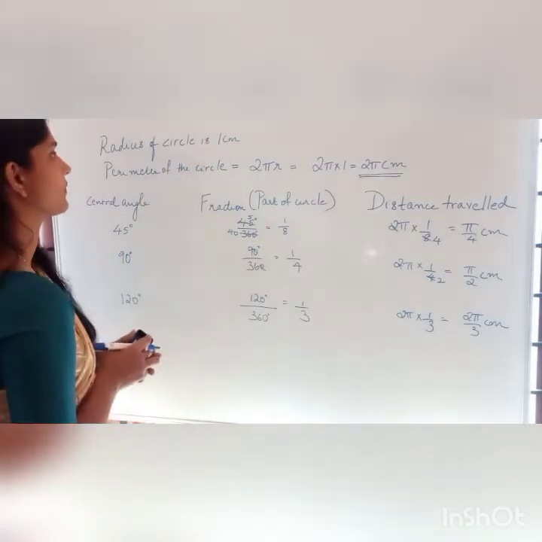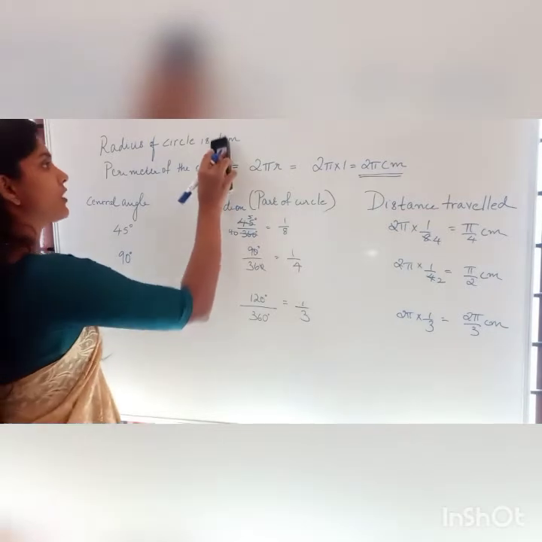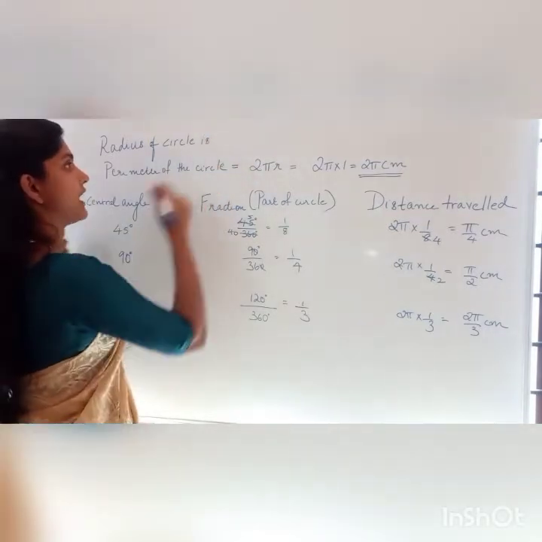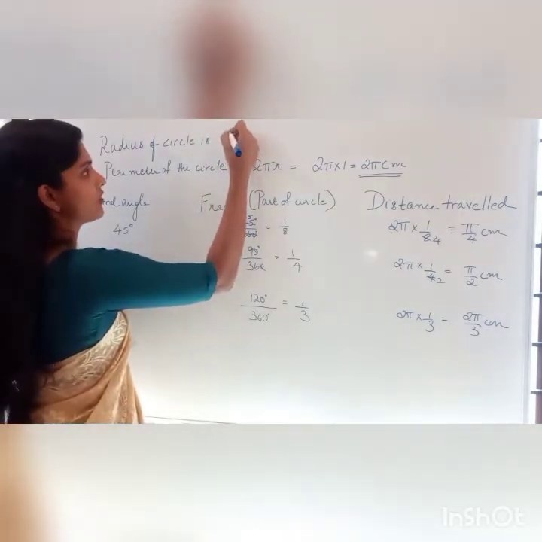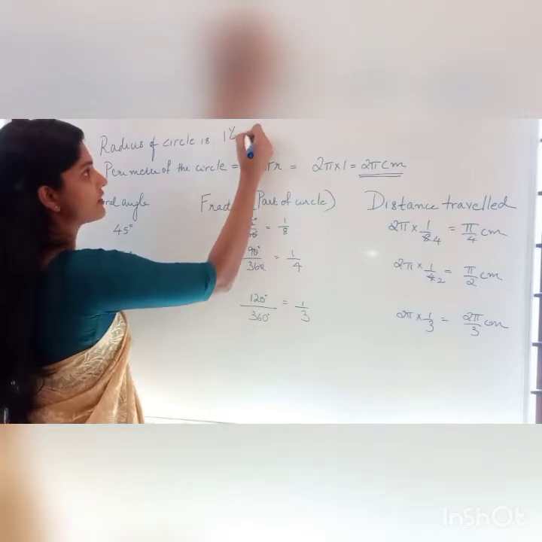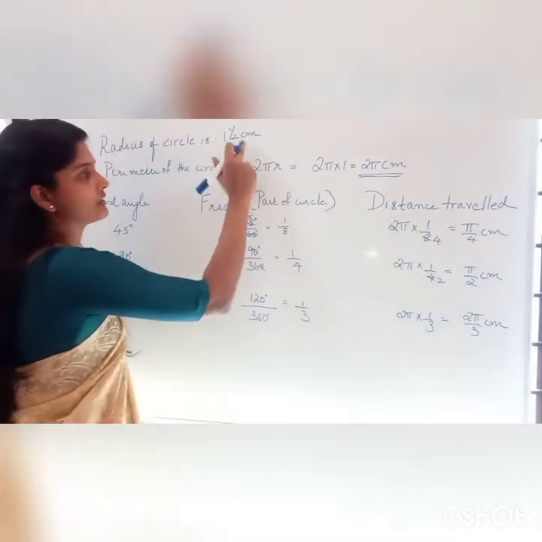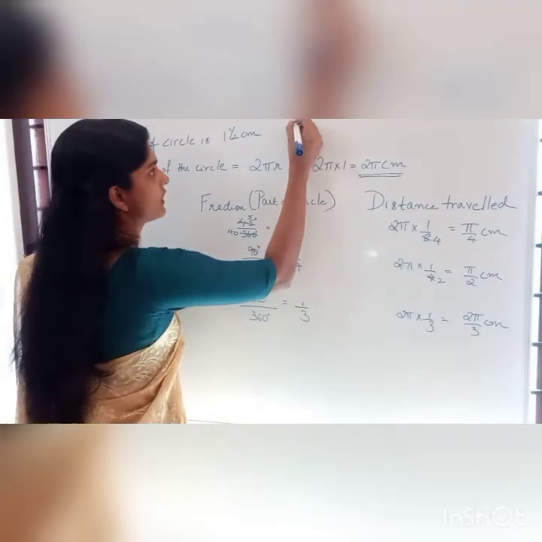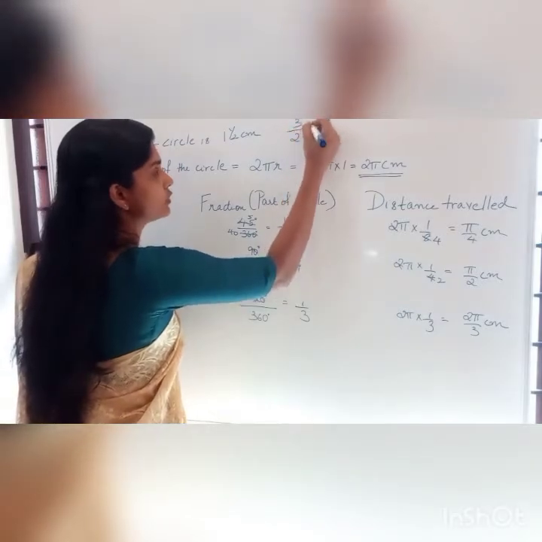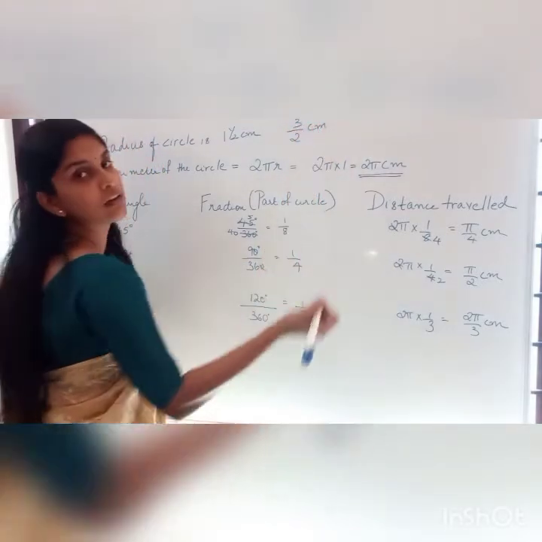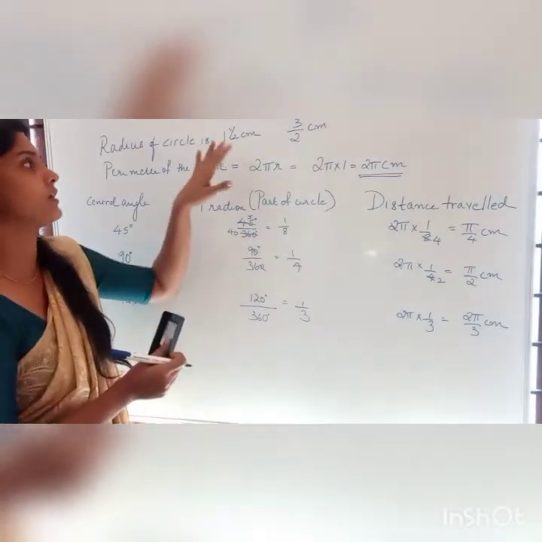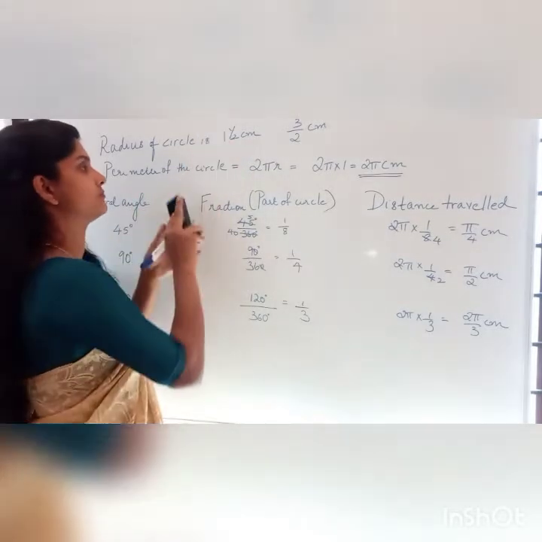Okay? So now we are going to take the radius of the circle as 1.5 centimeter. This can be written as what? 3 by 2 centimeter. Right? You know how to do it, right? How is it?